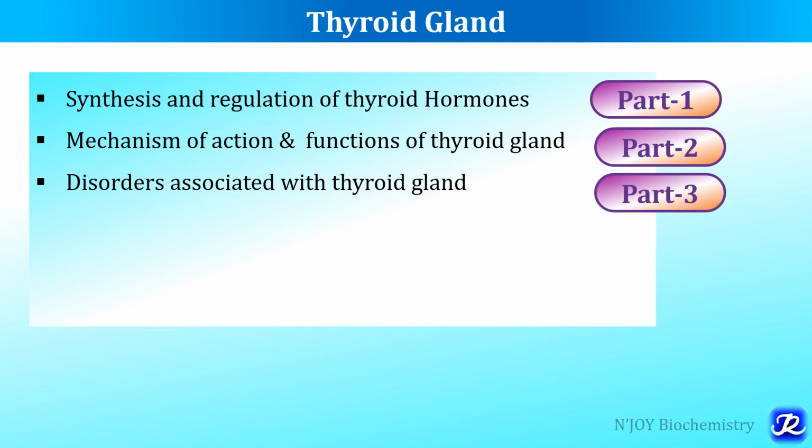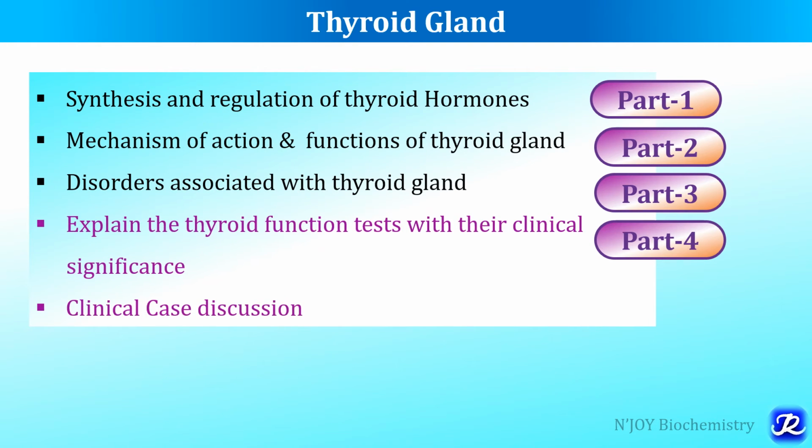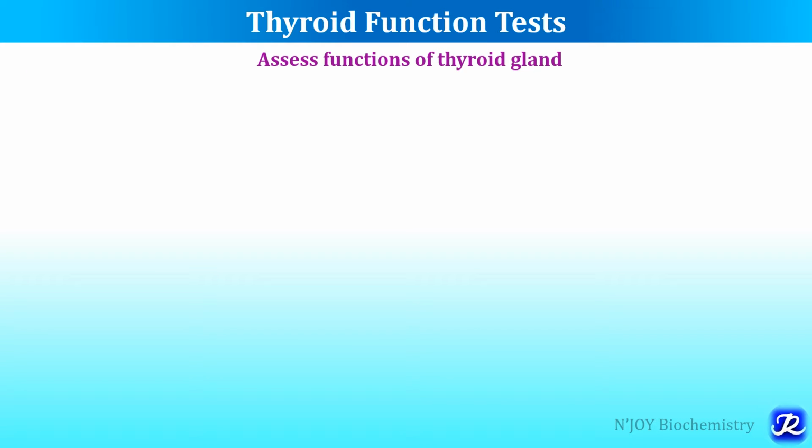In the third part, disorders associated with the thyroid gland like hypothyroidism, hyperthyroidism, their causes, clinical features, diagnosis and management were discussed in brief, and this is part 4 where we are going to learn about the thyroid function tests and their clinical significance, and we are also going to discuss some clinical cases related to hyperthyroidism and hypothyroidism.